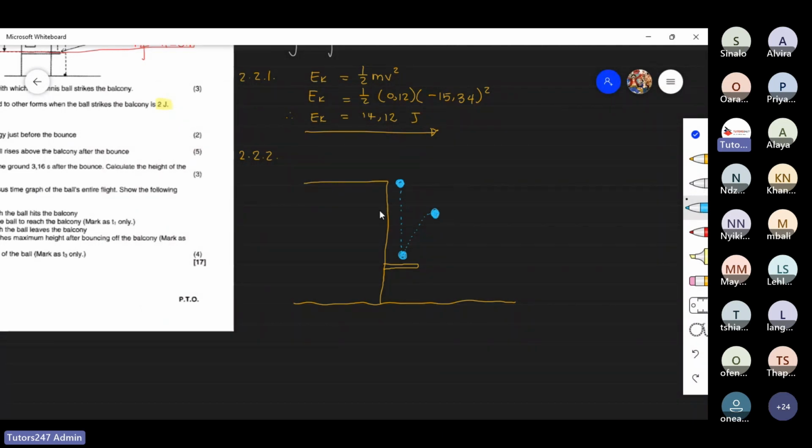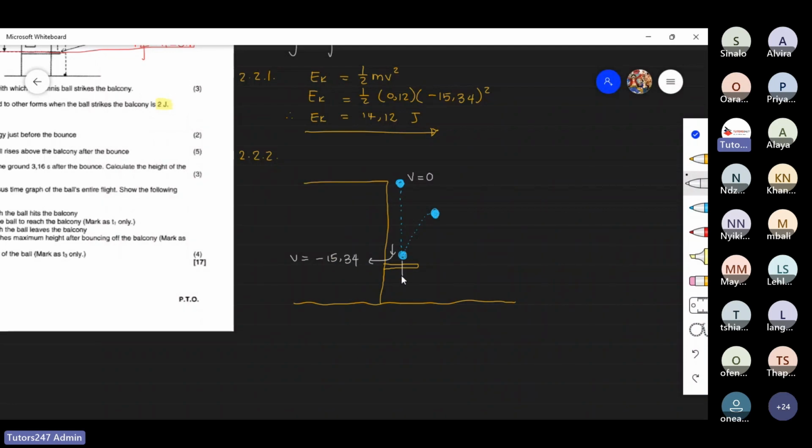So let's put in a few values. We know that the initial velocity, or let us just call it V in case this is not our initial point that we are going to use, the velocity with which the object was dropped is 0. We then know that the object hits the balcony with a velocity that is negative 15.34.